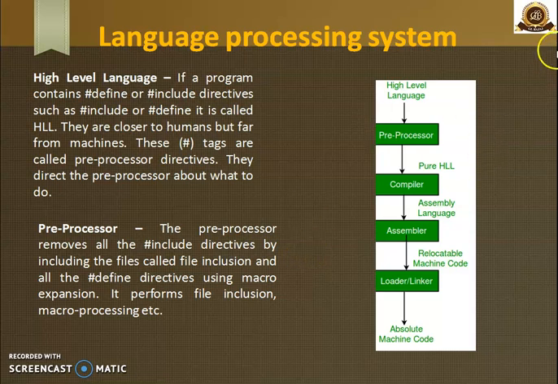Compiler will take pure HLL and it will convert it into the assembly level language. For every platform, I mean the hardware you are using like Intel, Motorola, and on the top of it, the operating system we have like Linux, Windows.